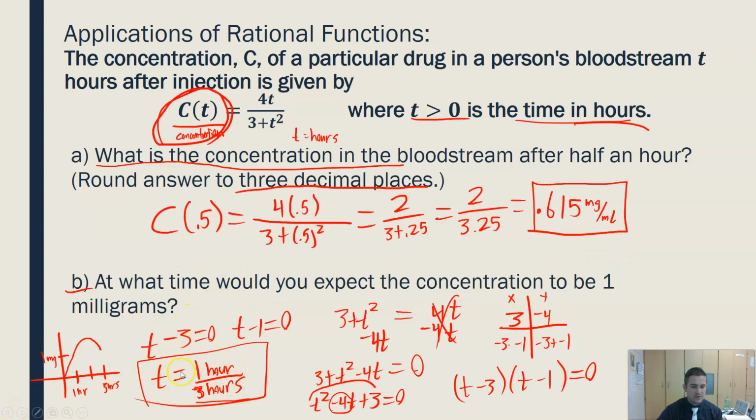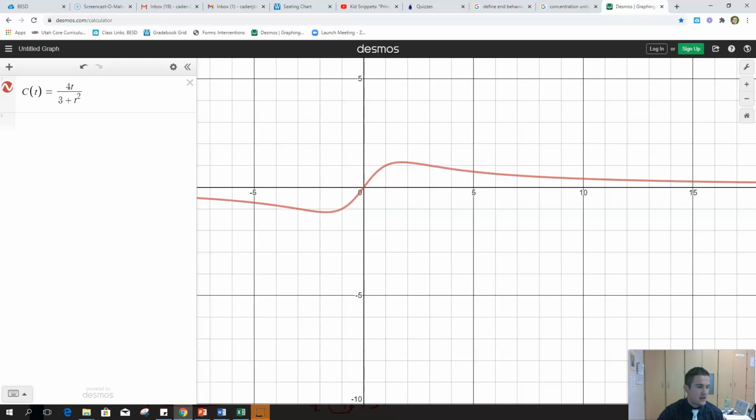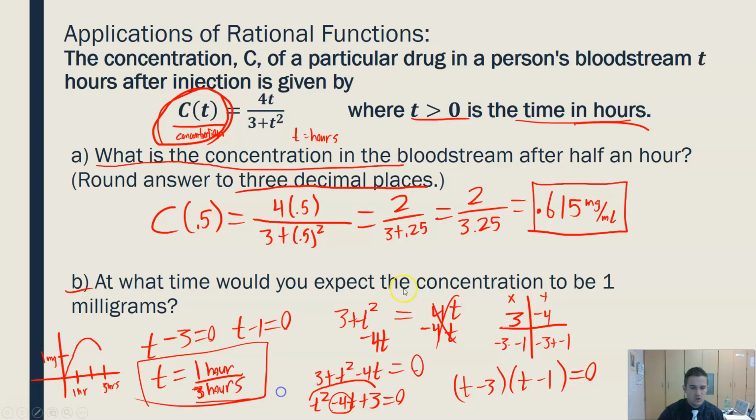I looked on my graph and determined, yeah, at 1 hour and 3 hours, the concentration was going to be at 1 milligram. At about a half hour, at 0.5, the concentration was about 0.615, which again is what I would have expected here.